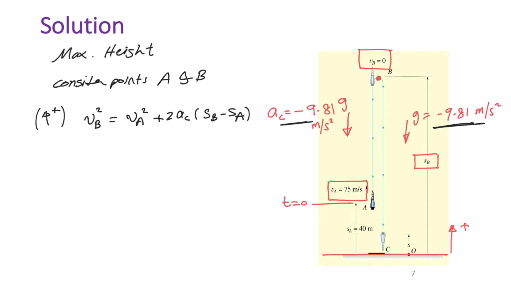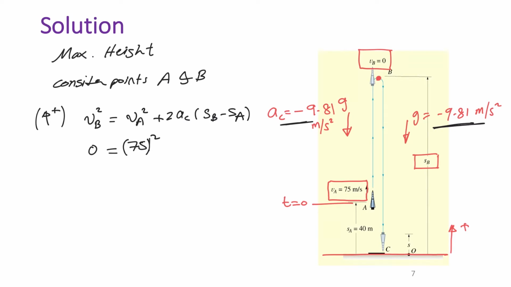It's one number. So if we substitute, VB is equal to 0, and VA was positive upward, 75 meter per second.